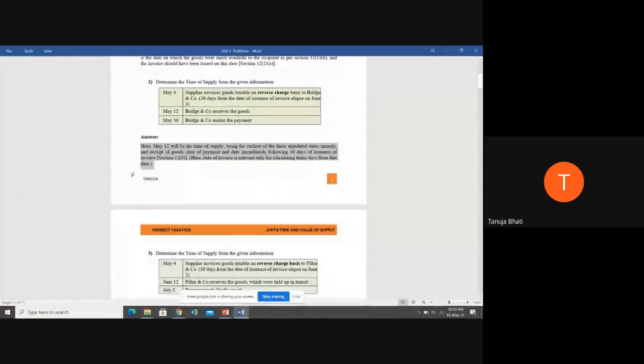The 30 days will lapse on June 3, so after 30 days, the 31st day is June 4. That is as per section 12 subsection 3. Your date of invoice is relevant only for calculating 30 days from that date. So May 4 is relevant only to calculate when your 30 days will complete and to know the 31st day.